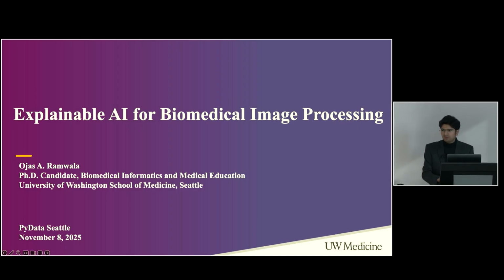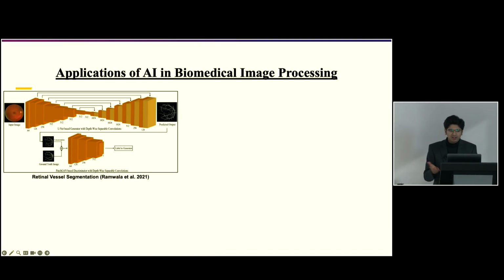So, first of all, I'd like to start with what are the applications of AI in biomedical image processing. As an undergrad, I was immensely interested in the field of image processing, specifically biomedical image processing. I'd work with curious students in my cohort to build applications, for example, in ophthalmology, building a deep learning model that could perform the delineation of blood vessels from a retinal fundus image, so an application on retinal vessel segmentation.